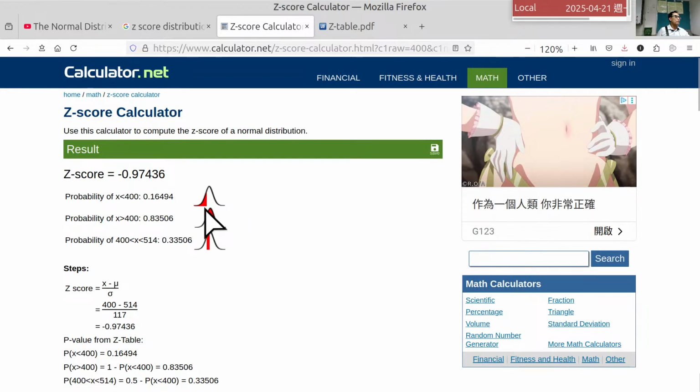And we know from the x to the left side, the probability is 0.16494. Here is the answer.